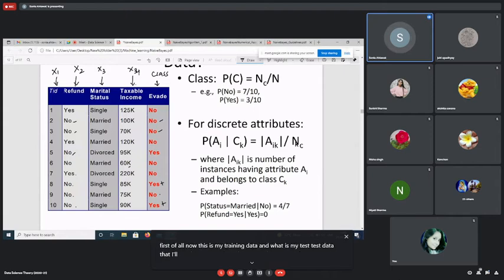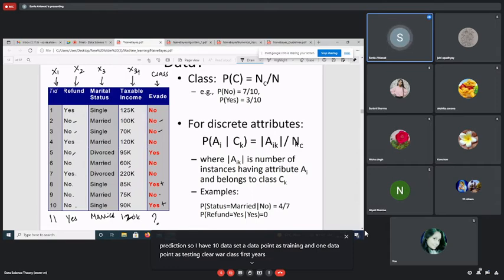I'll call another thing, that is the 11th point, that says that refund has been given, marital status is married, income is 120k, and you have to identify this. So class, now this is what we call prediction. So I have 10 data points as training and one data point as testing. Clear hua class?